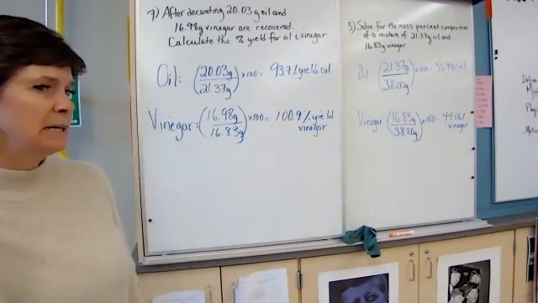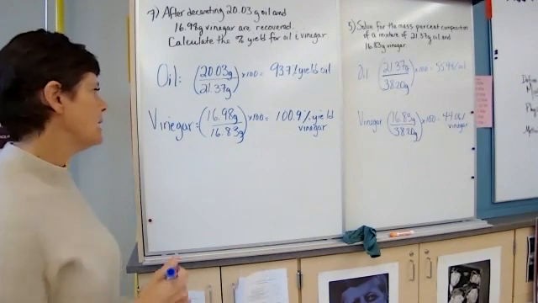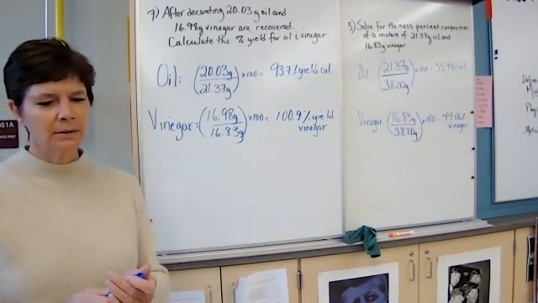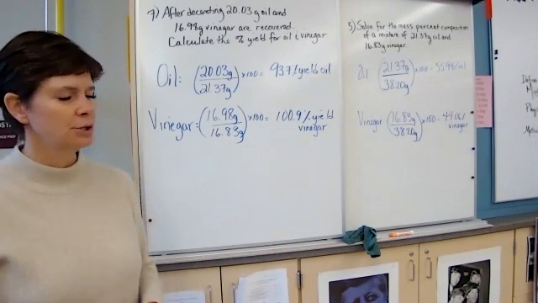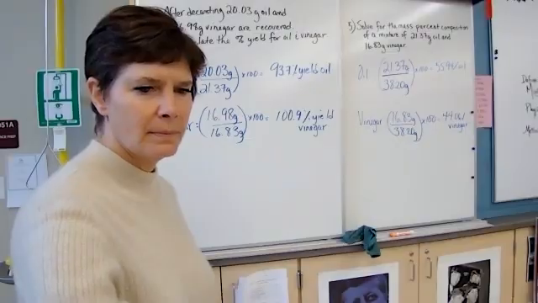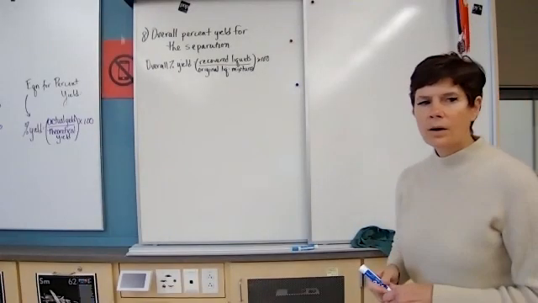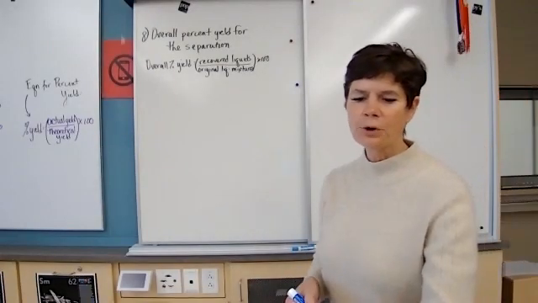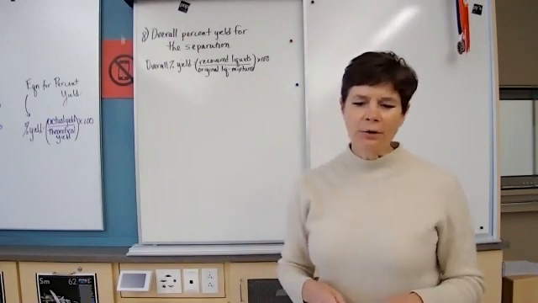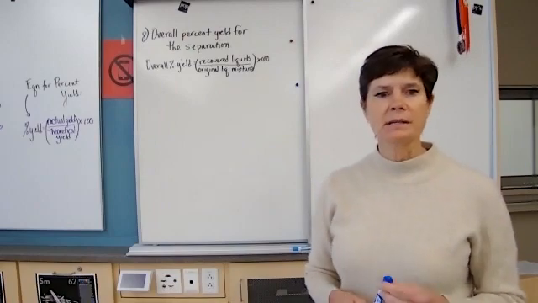Our last piece then is to find the overall percent yield of the liquids in this mixture. Okay, the second to last question for your pre-lab is, find the overall percent yield for the liquids in this mixture.